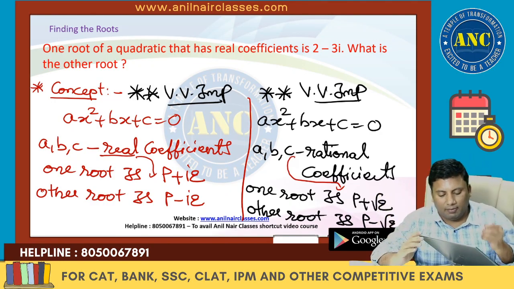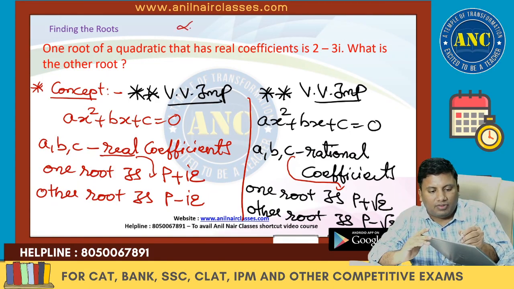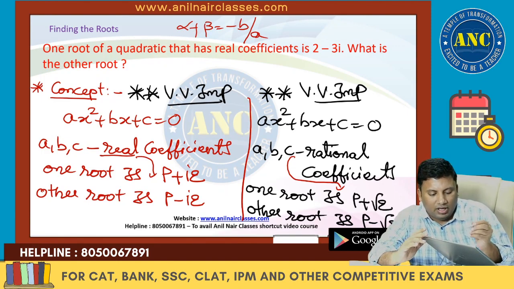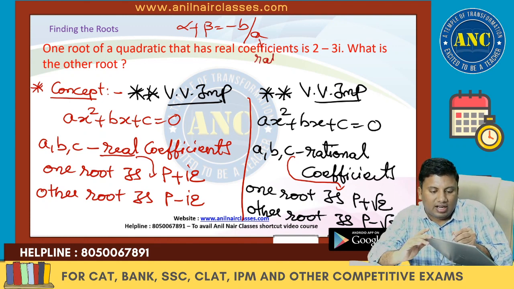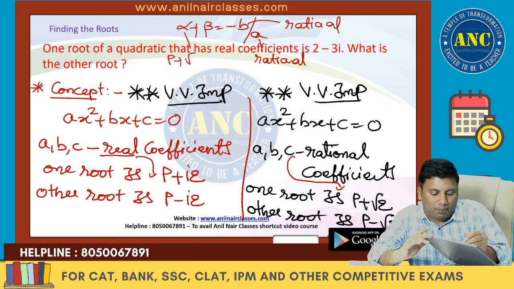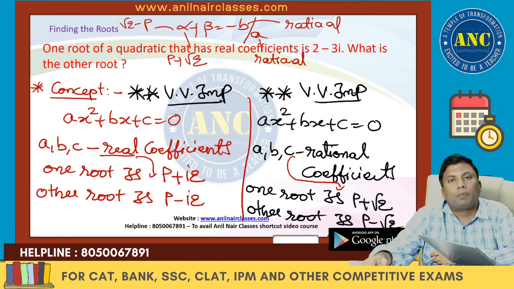Because now see here, sir. Sum of the roots is nothing but minus b by a. Now if you see here, a is rational, b is rational. If one root is p plus root q, and another root is root q minus p, what is root q plus root q?